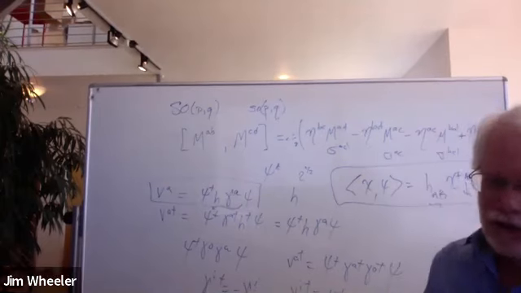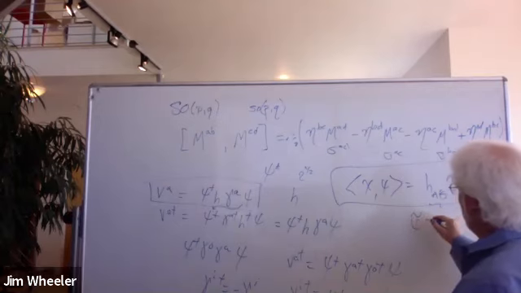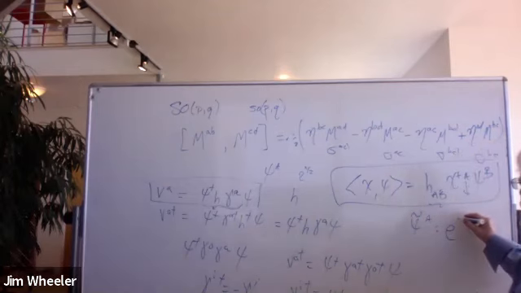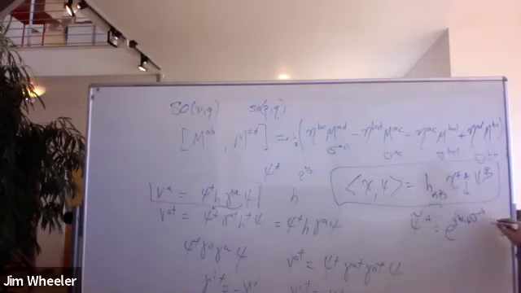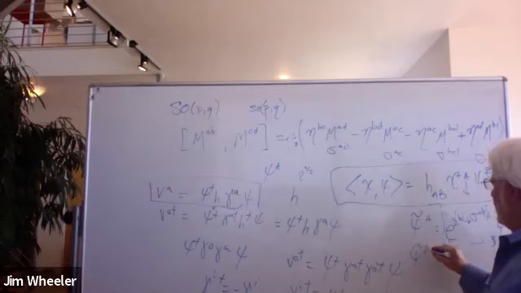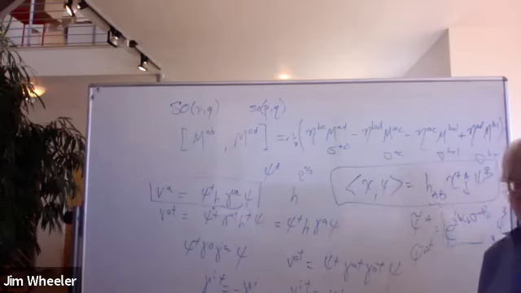Now, that doesn't affect the transformations, because if I produce a psi tilde by acting with an SO(p,q) transformation, some real linear combination of my generators acting on psi, this is some big matrix acting on psi B. Then psi dagger is still going to have this transformation, just the conjugate transformation folded in.